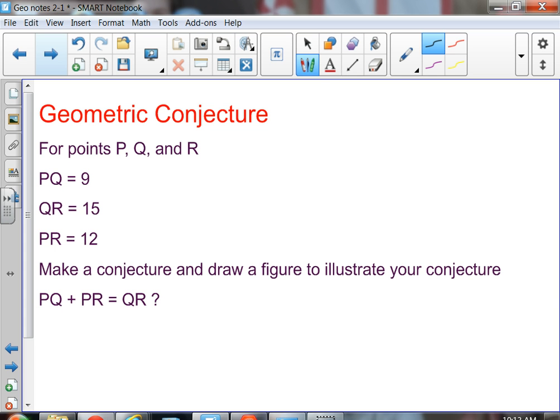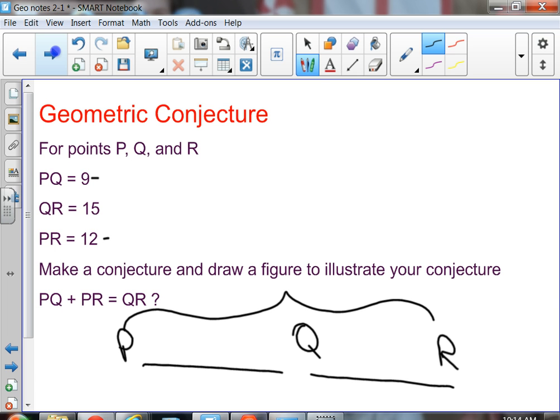Well, that's pretty easy to figure out, is it? If I add PQ and PR together, do I get QR? No. So that means that this thing is not a line, right? Because Q would be in the middle, so it would be from P to R with Q in the middle. If I added this line and this line, I should get the whole thing.